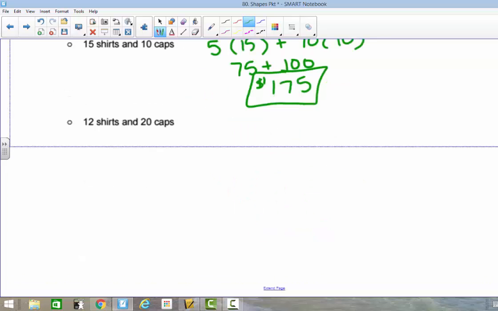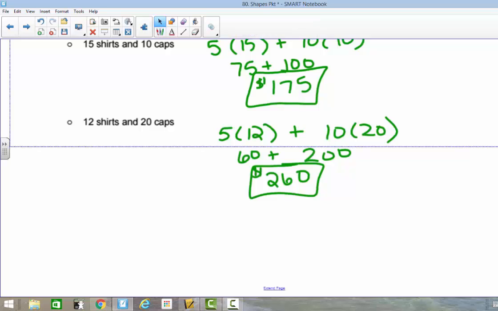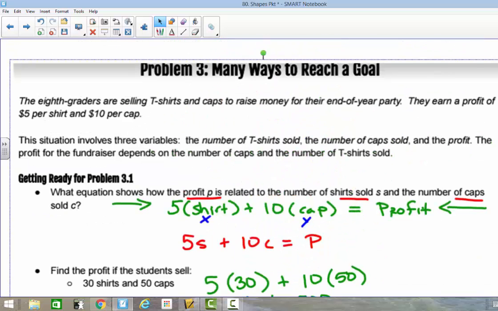And the last one, 5 times 12 plus 10 times 20 would be 60 plus 200, giving you $260 profit. So we're just plugging in points, finding profit solutions.